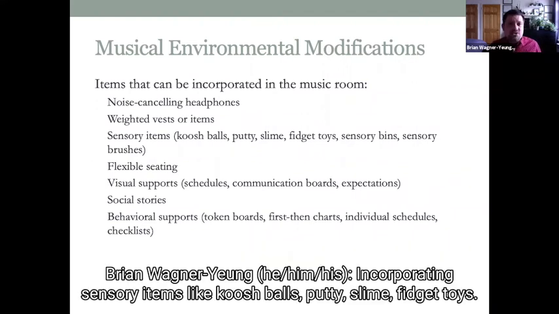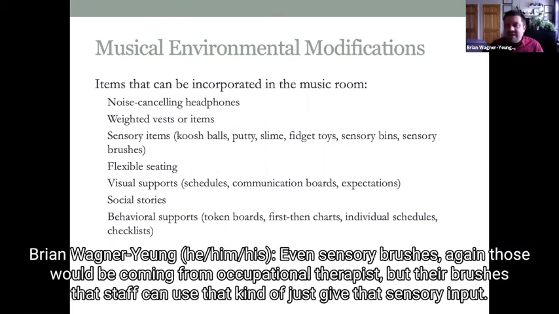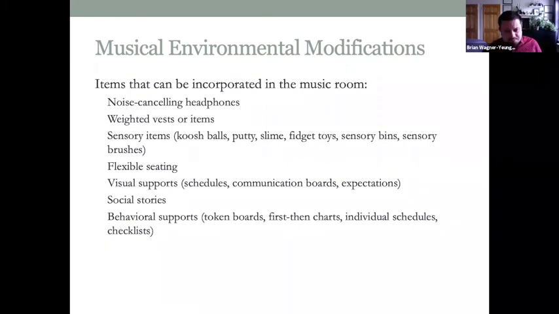Incorporating sensory items like koosh balls, putty, slime, fidget toys. Some classrooms have sensory bins with multiple types of objects that your students can just grab when they need that sensory input. Even sensory brushes, again coming from occupational therapists, are brushes that staff can use to give that sensory input.